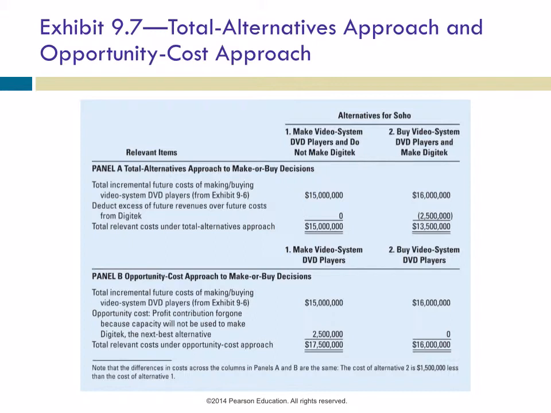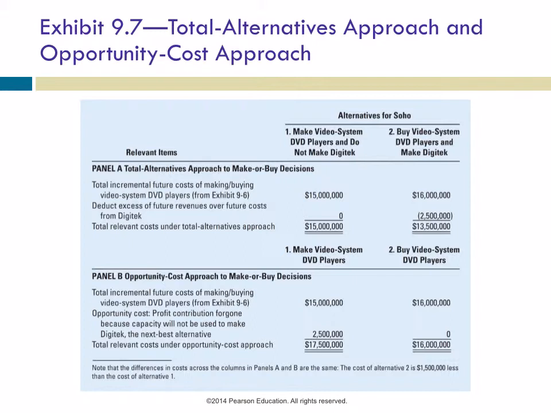So you basically are saying there, okay, Digitech under alternative 2 is going to make 2,500,000. So let's subtract that from the total costs of making, or in this case of buying, the video systems. So your overall relevant costs under the total alternatives approach gives you 13.5 versus 15 for option 1.